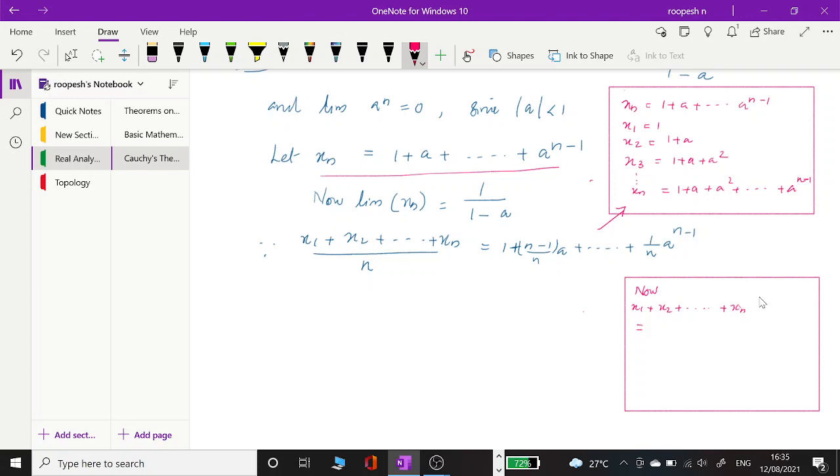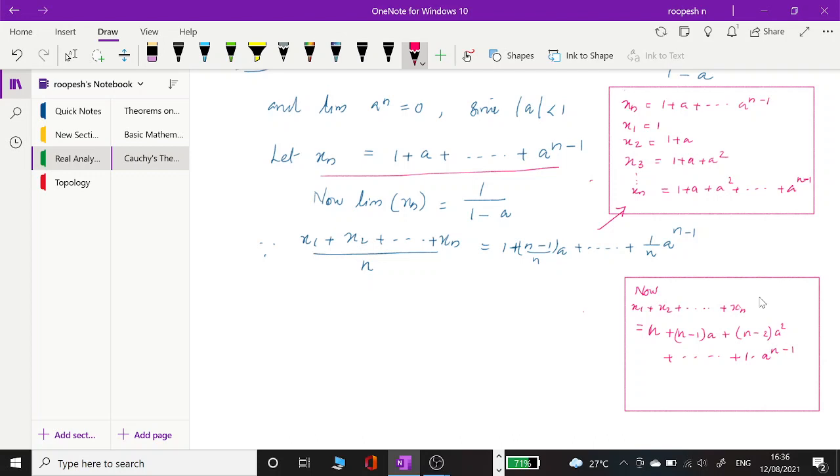So it should be 1 plus 1 plus 1, n times, so it should be n. Plus next term, how many a should be there? Only in the first term there is no a. The remaining n minus 1 terms contain a, so n minus 1 into a. Similarly, how many terms contain a square? n minus 2 into a square, right? Plus etc plus the last term, 1 into a raised to n minus 1.